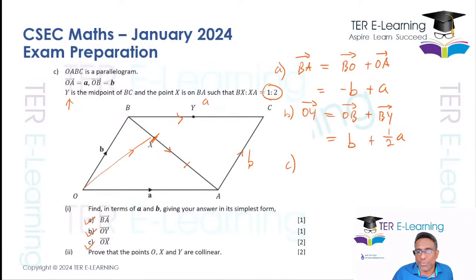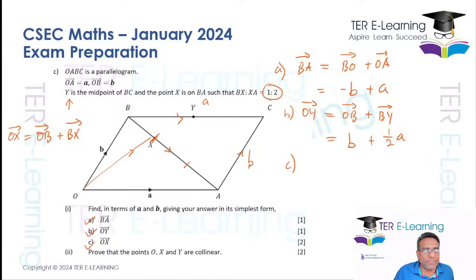So if I want to get OX, I'll probably do this on the next page, but based on the diagram here, OX is equal to OB plus BX, right? That's how we're going to work that out. OX is OB plus BX. So let's see, actually I might be able to do it here.